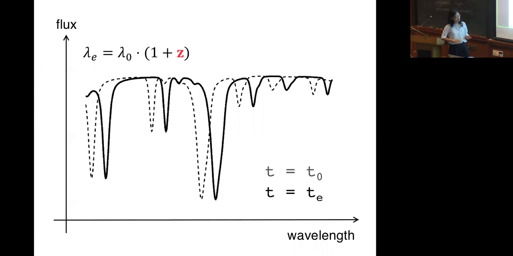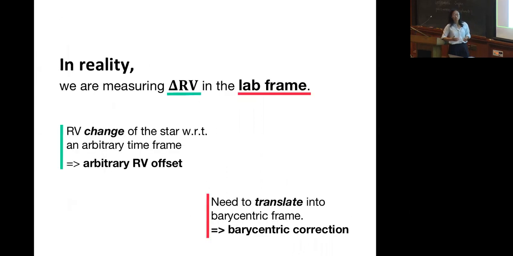You're measuring this using a spectrograph, of course. So in reality, what you're really measuring is a delta RV, the change of the Doppler shift in the star with respect to some arbitrary reference time frame, and you're measuring it in your lab frame, right? That means two things.